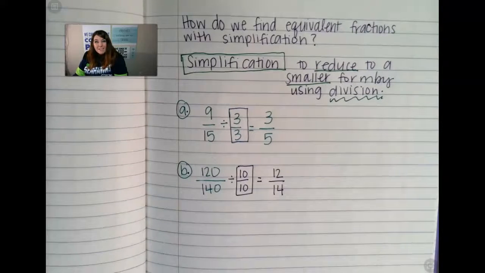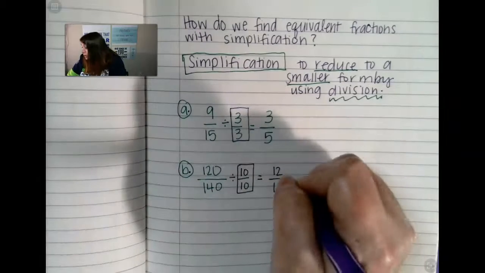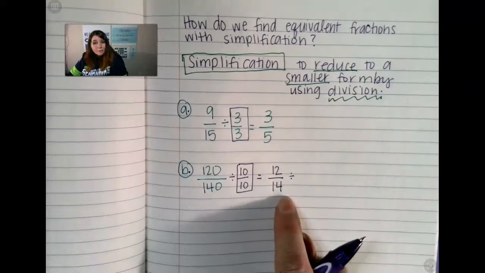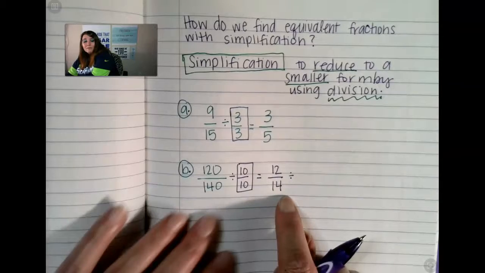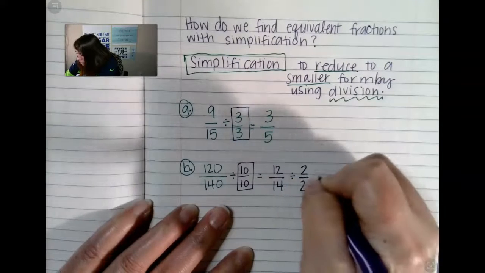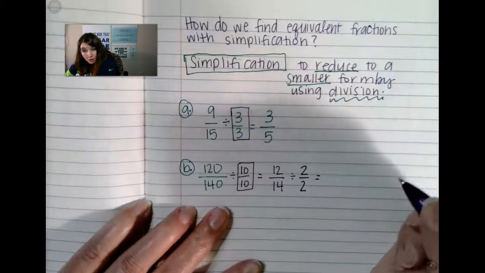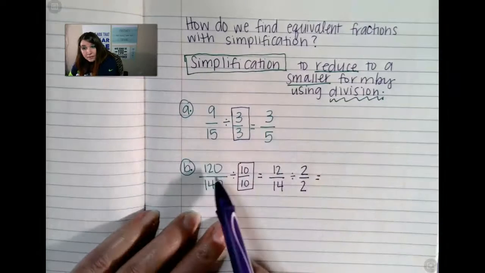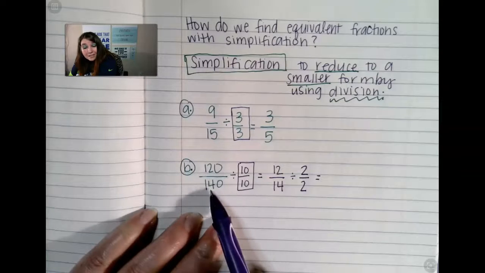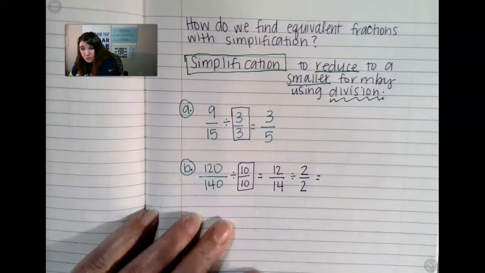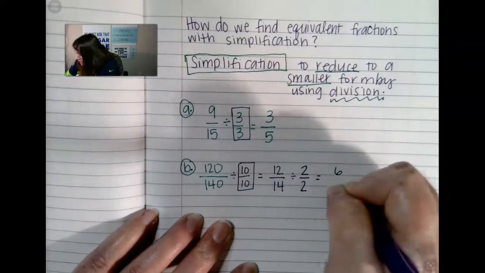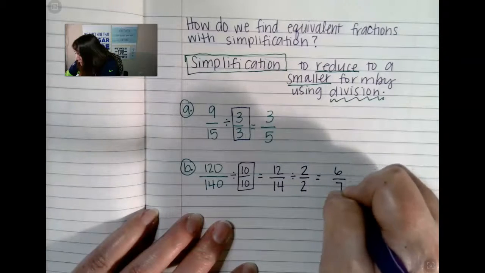I can make this even smaller. I could reduce it by 2 because 12 is an even number and 14 is an even number. So if I divide by 2 over 2, I get an even smaller fraction that's equivalent to 120 over 140. 12 divided by 2 is 6, and 14 divided by 2 is 7.